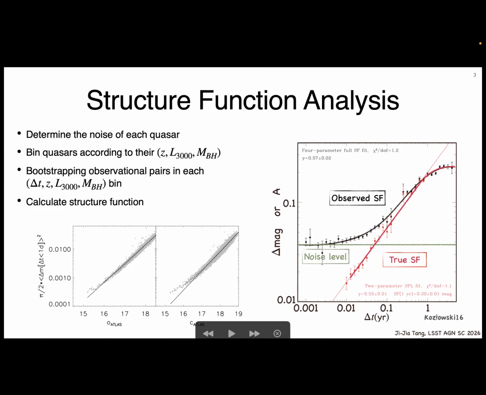We fit the function, and then we can assign a noise for each quasar. Then we bin the quasars according to their redshift, luminosity, and black hole mass, and perform bootstrapping in each bin in DT, luminosity, and black hole mass bin. And then we calculate the structure function by considering the noise of each quasar.